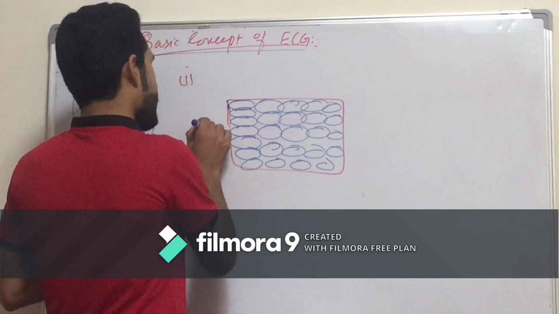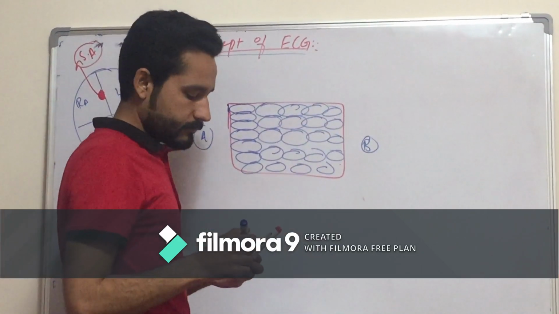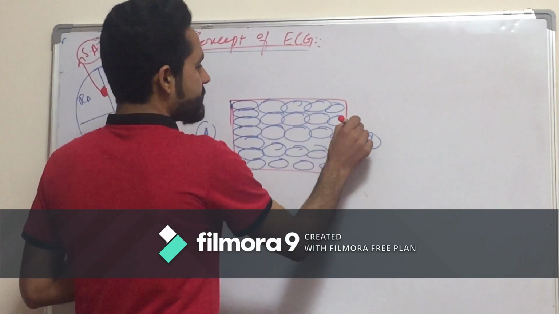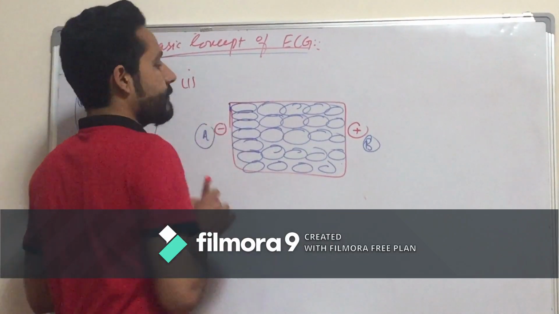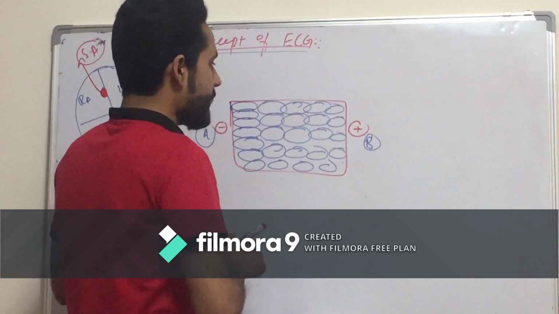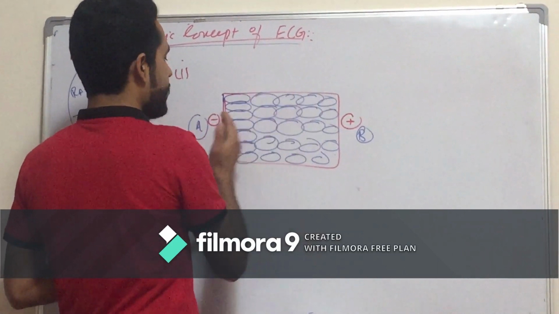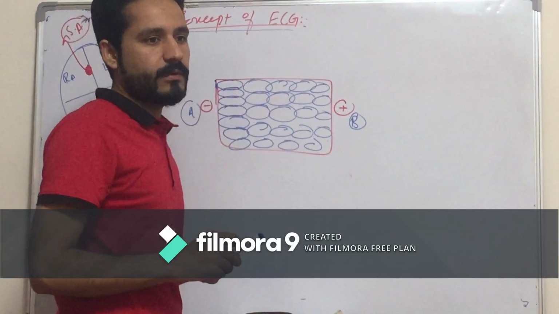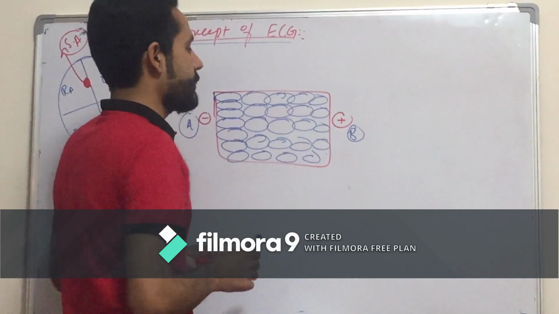Suppose this is A end, and this is B end. Suppose this is the positive end, and this is the negative end. The positive end is attached to the galvanometer, and the negative end is also attached to the galvanometer in order to record the electrical activities of the heart.